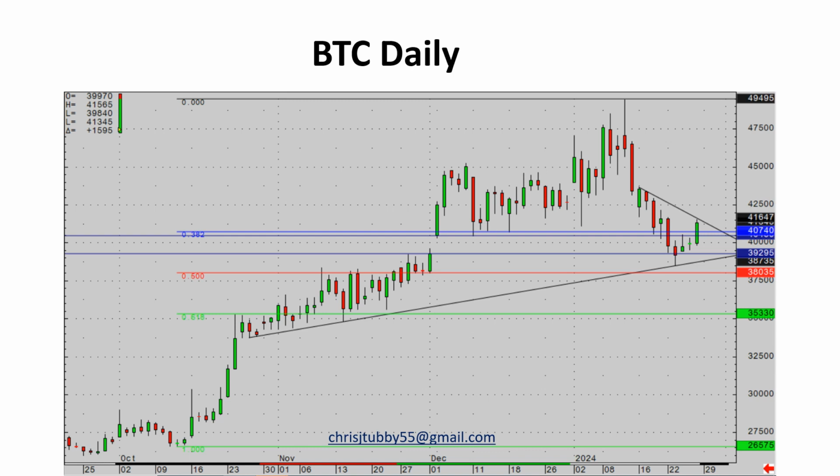So, what more can I say? It was expected to a degree. And now, of course, it's moving back up again. So there I've got resistance at 41,647 and I've got support at 38,735. Now, I've also added on the Fibonacci's because I think they are in play a little bit there.